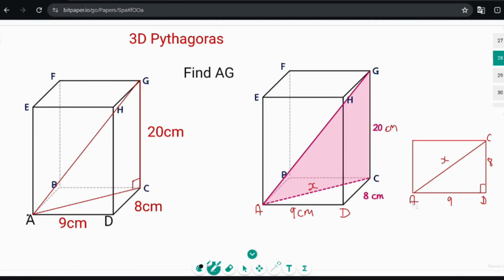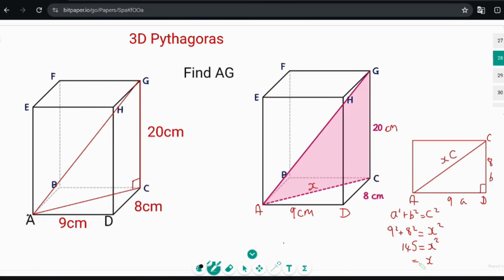Pythagoras, a squared plus b squared equals c squared. Our unknown is the hypotenuse. So square root both sides.